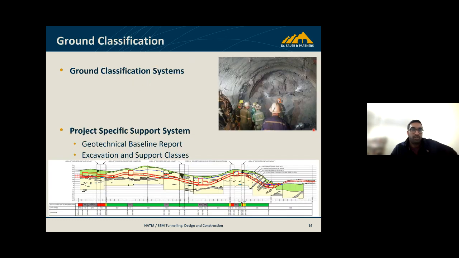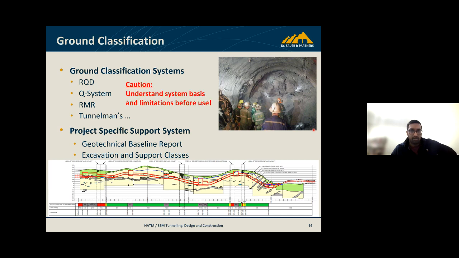Ground classification systems. There are a lot of different ones for rock, for example, RQD, rock quality designation, the Q system, the RMR system, and the Tunnelman's classification, which is more for soft ground. For all of these, it's quite important to understand the system basis, exactly what we're measuring, and the limitations before using them for a tunnel design exclusively.